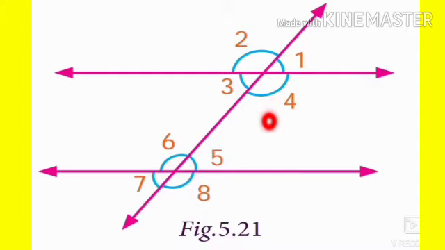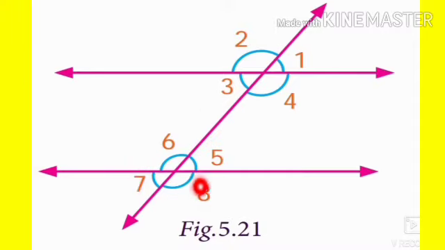And name the angle that is alternate exterior to 7. Exterior means the angles which lie outside these parallel lines.